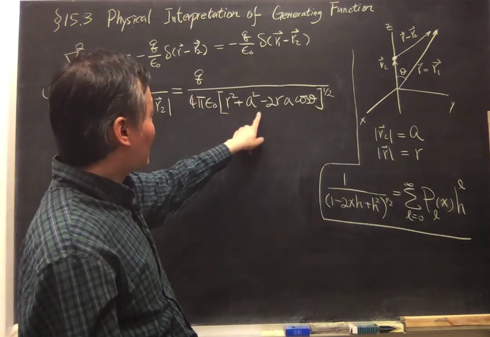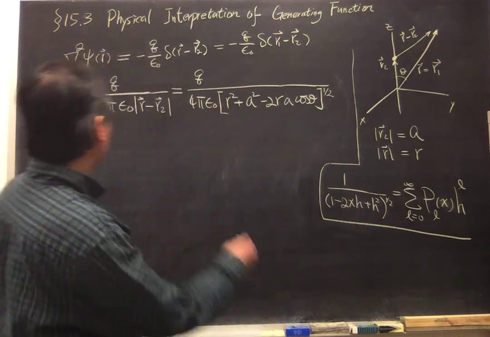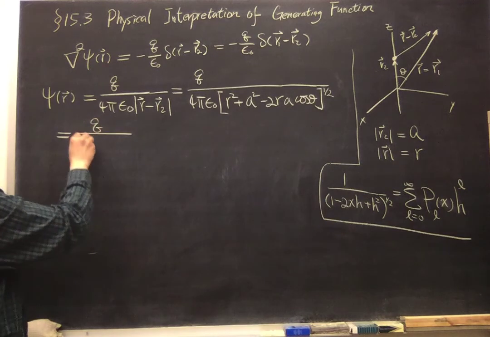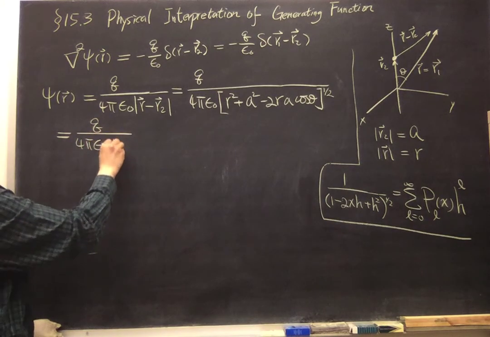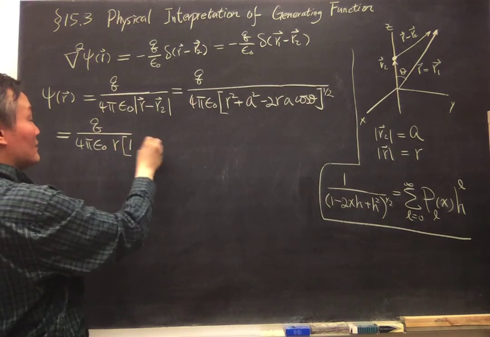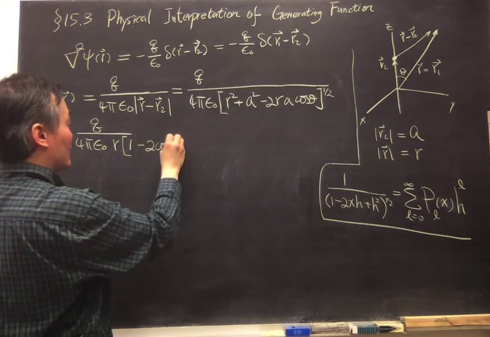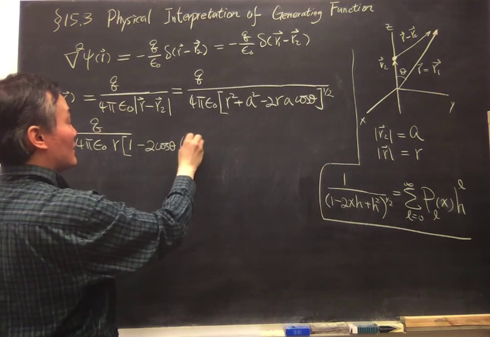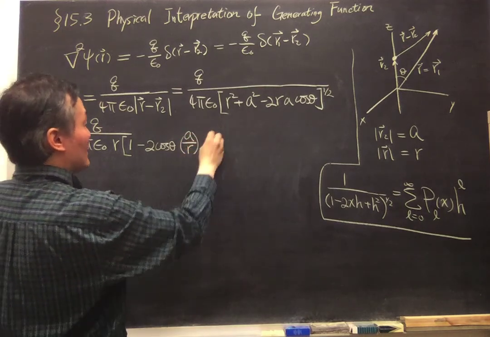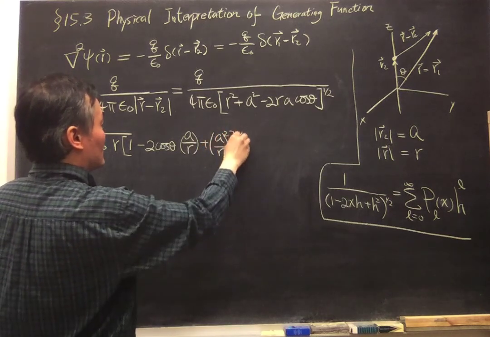One is R greater than A. In that case, we pull out an R squared out of the square root. So we can write Q over 4 pi epsilon 0, pull the R squared out, becomes R, and then 1 minus 2 cosine theta times A over R, plus A over R squared, all under the square root.